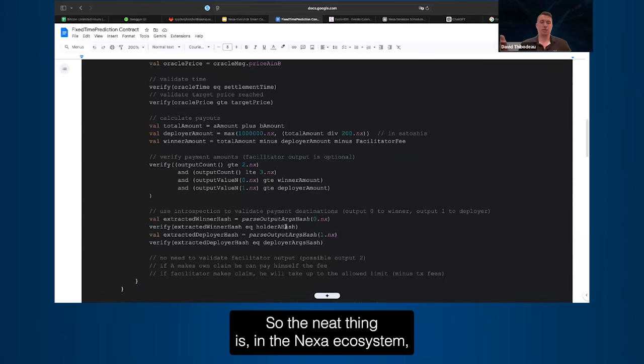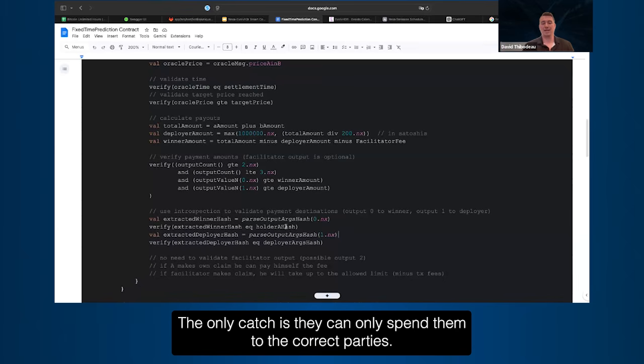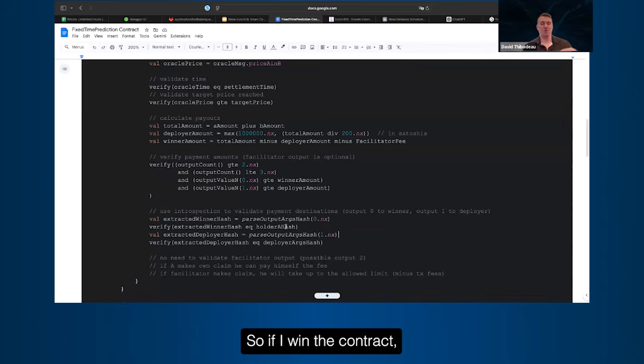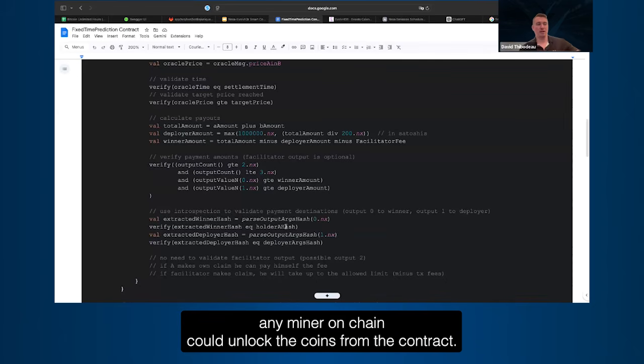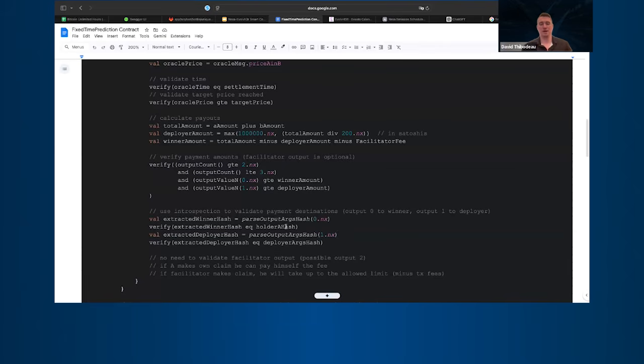So the neat thing is in the Nexa ecosystem, any third party is capable of spending some of these types of contracts. The only catch is they can only spend them to the correct parties. So if I win the contract, any miner on chain could unlock the coins from the contract, but the only thing they can do with them is send to me.